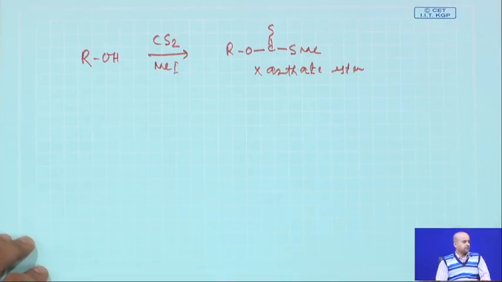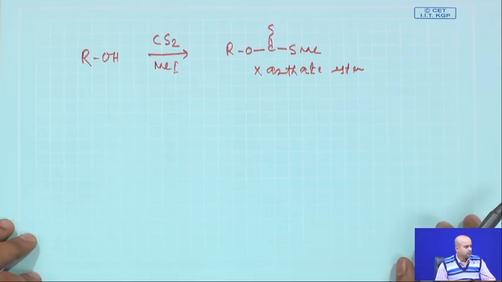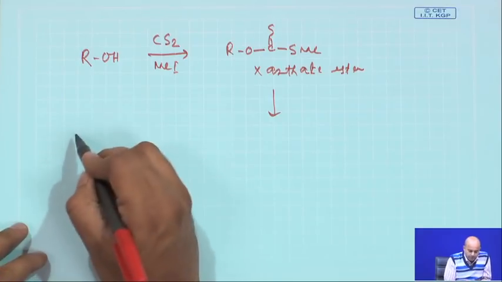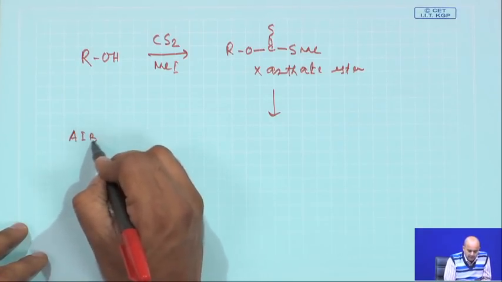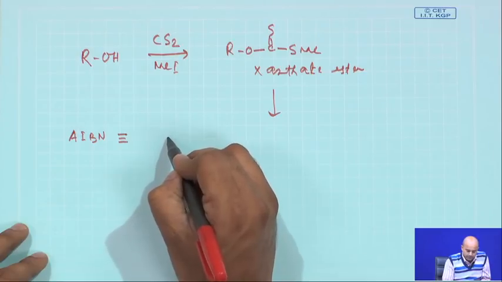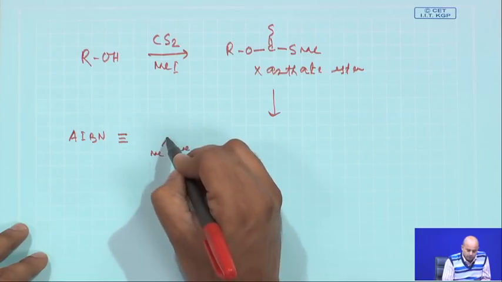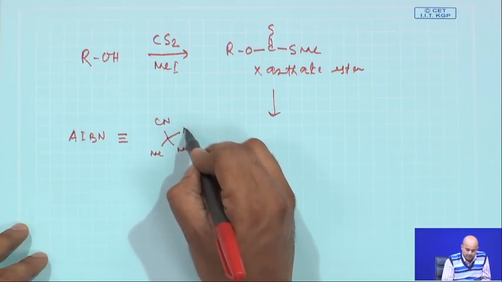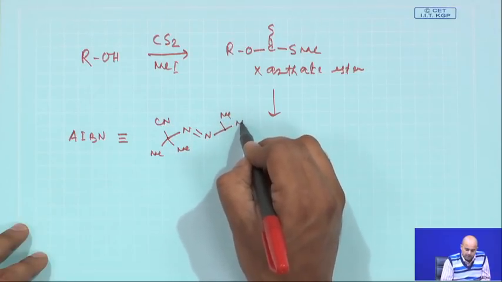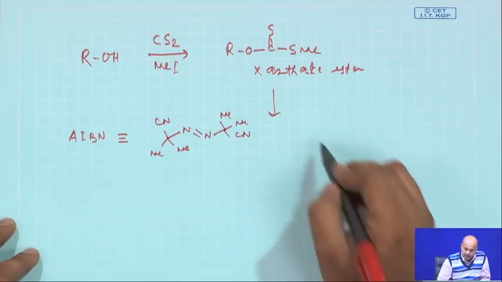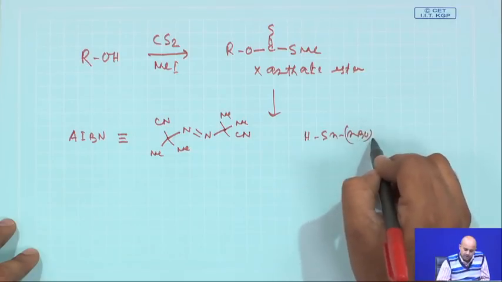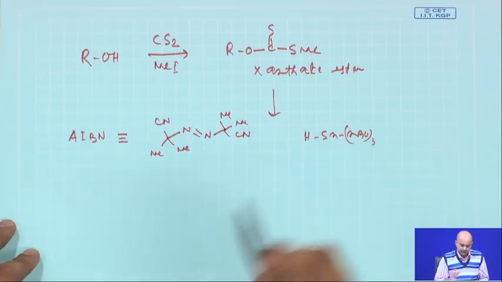Now, this xanthate ester is then subjected to radical fragmentation, and for this radical fragmentation we normally use, as I said, two reagents: AIBN, which is azoisobutyronitrile, whose structure is isobutyro, so Me2CN, then this is having the azo and then the remaining part Me2CN, and Bu3SnH, whose structure is normal butyl whole 3 SnH.